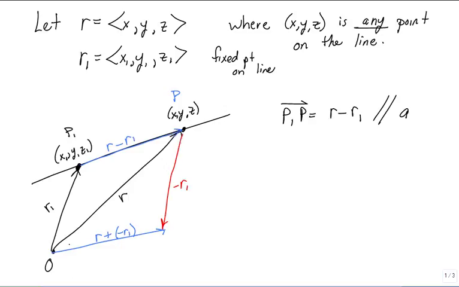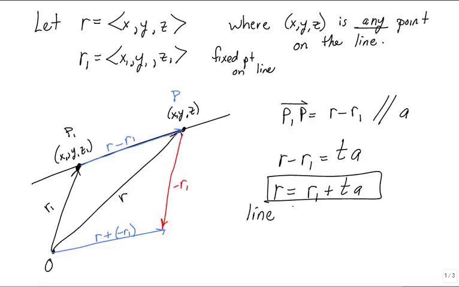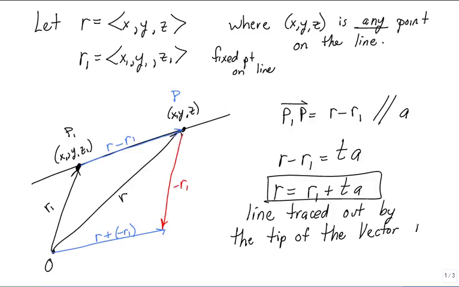which is down here somewhere. So r minus r1 is some scalar multiple of a, so the vector r is r1 plus ta. This is the line. It's the same thing we just talked about, traced out by the tip, or the terminal point, of the vector r.